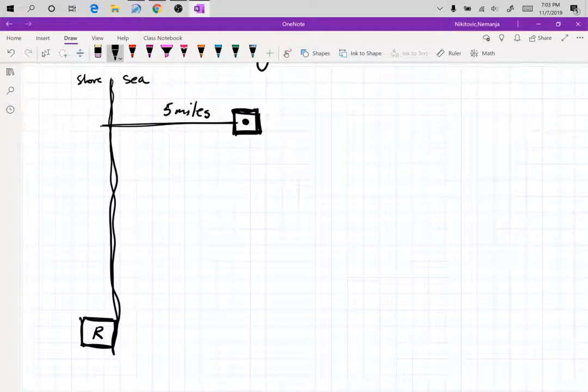So if you're making a pipeline, there is cost associated with laying those pipes.